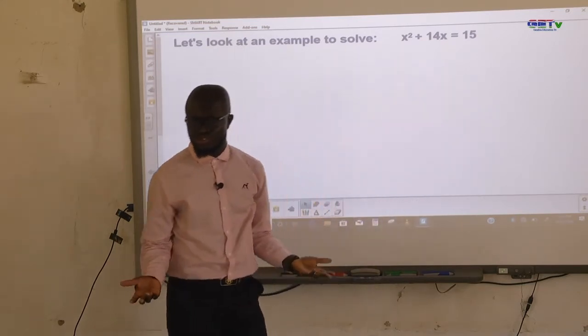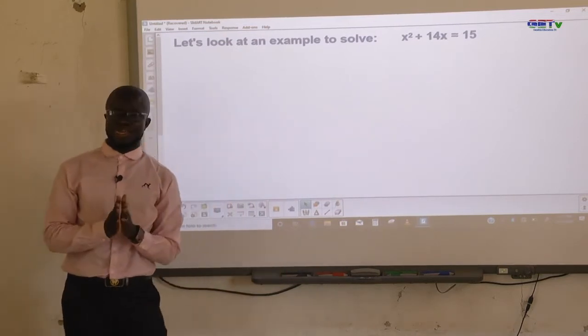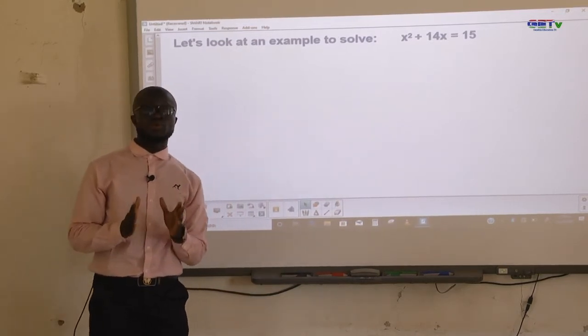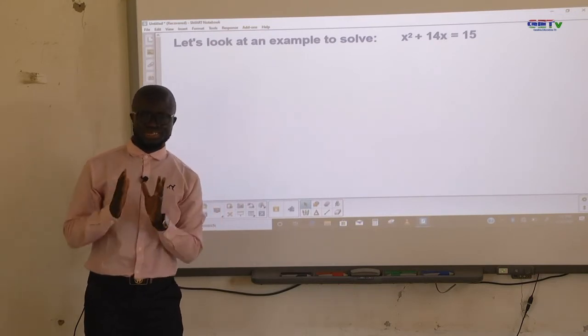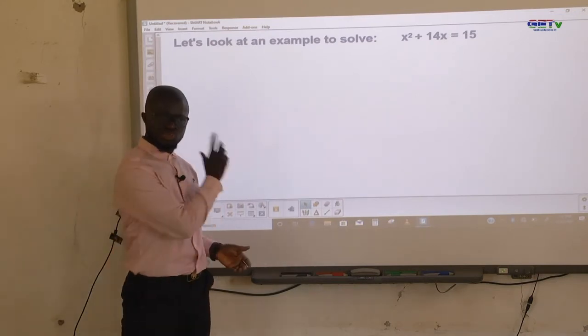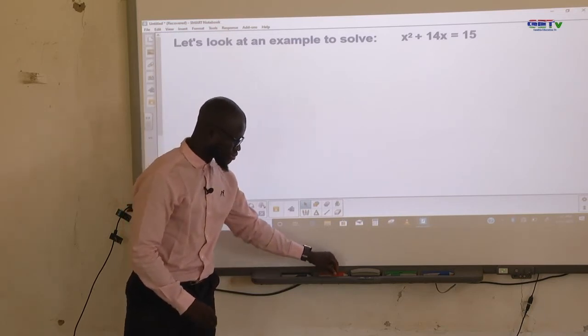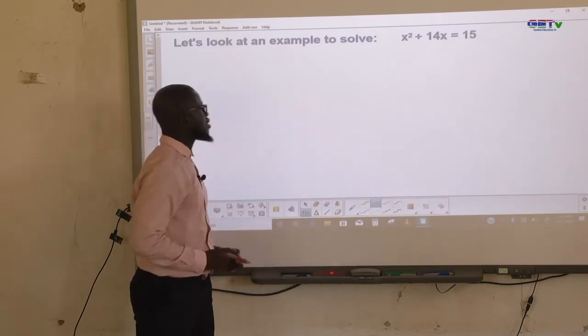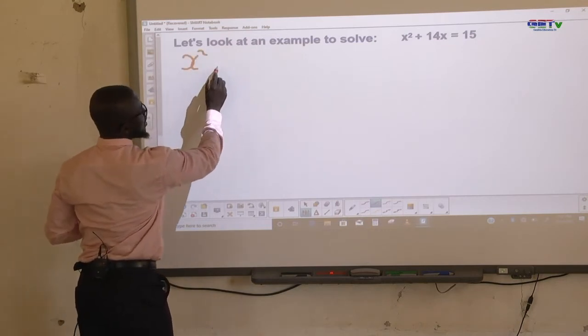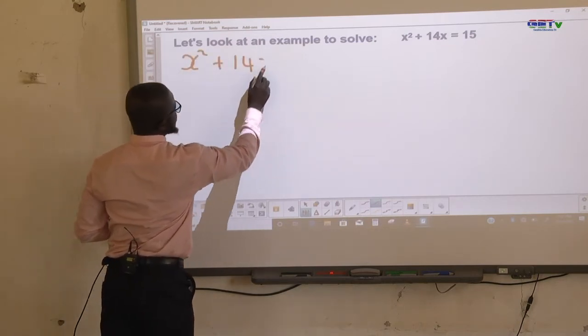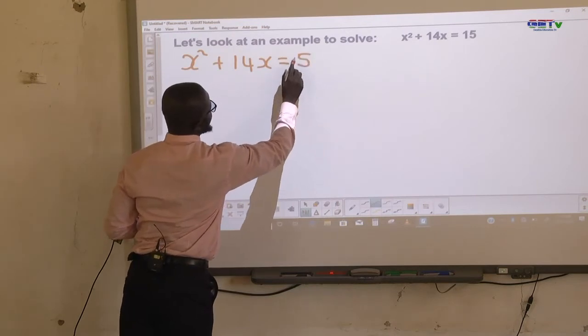How are we going to solve this, class? I need your attention. Please, we are going to take this together. And remember, it's going to be step by step, using the rules given. Can we start, please? Okay. We have the question as x squared plus 14x equals 15.